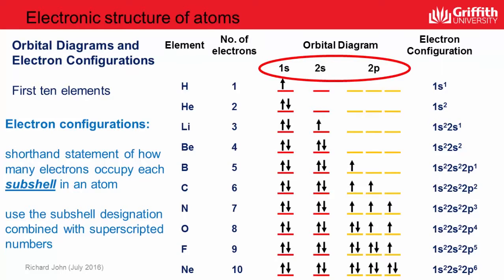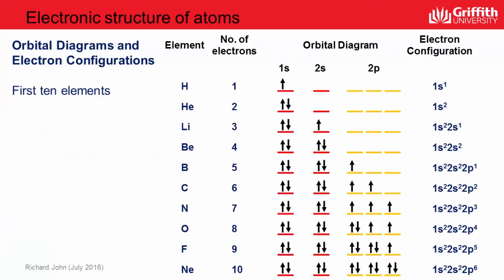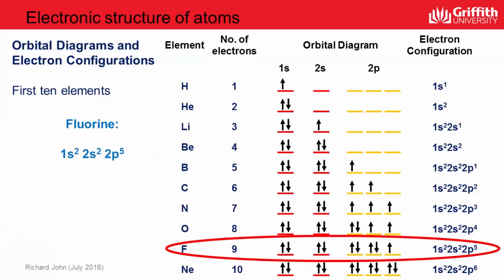So the subshell designations being the 1s, 2s, 2p, 3s, 3p, 3d, etc., and they are combined with superscripts to be able to identify exactly how many electrons are in each subshell for a particular atom in its ground state. So for example, we can look at the element fluorine, 1s2, 2s2, 2p5.